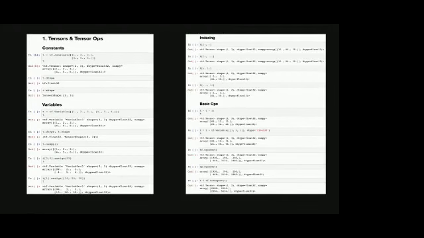Constants in TensorFlow are represented by tf.constant, and then you pass in any kind of Python structure, like the list of lists given over here. The basic thing about TensorFlow is that you can interchange TensorFlow tensors with NumPy arrays, which I think is the biggest advantage for us, because we know how computations work in NumPy.